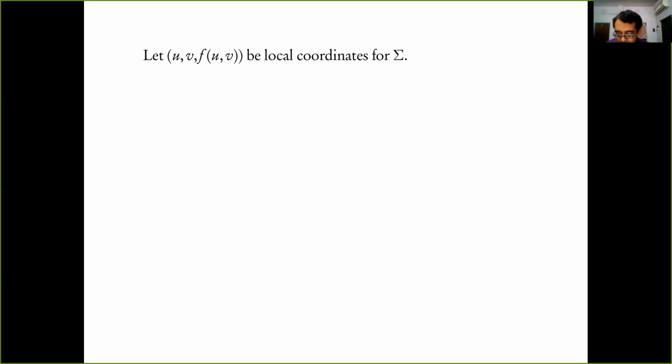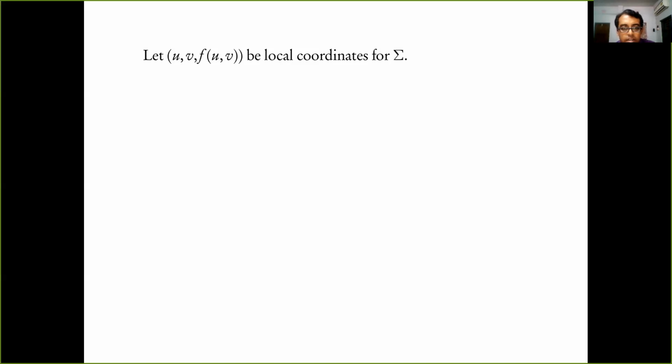Although we'll not need this, let me make a remark that sometimes you might want to choose your point to be (0, 0, 0), so that the origin is a point contained in the surface, and you might as well assume that (0, 0, f(0,0)), which is also 0, is such a choice of a chart. So you are assuming that f(0,0) is 0. And this doesn't change any of the geometric computations, because given a surface, you can always translate it in R3 so that the origin is contained in the surface. Okay? But we're not going to make that choice.